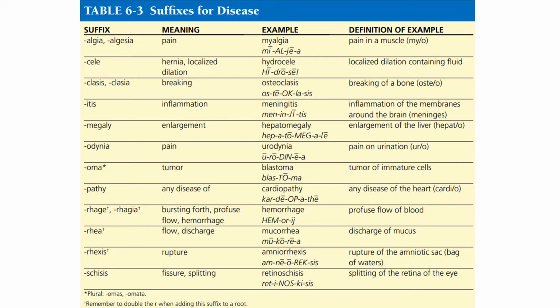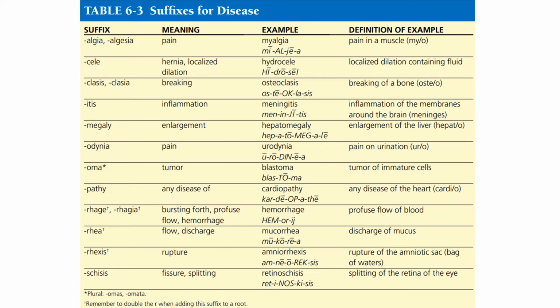Rrhage or rrhagia, bursting forth, profuse flow or hemorrhage. So the example given is hemorrhage, profuse blood flow. So we should double the R when adding this suffix to a root word.